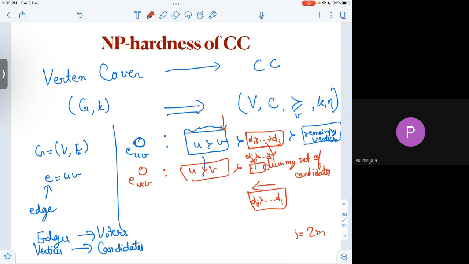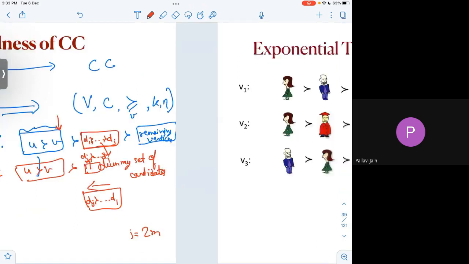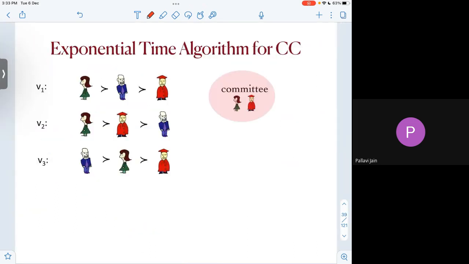So now at least you believe that maybe it is hard. Because you believe that, we cannot hope for a polynomial time algorithm, but it doesn't mean that we will just stop thinking about algorithms. So we will try to design some exponential time algorithm.